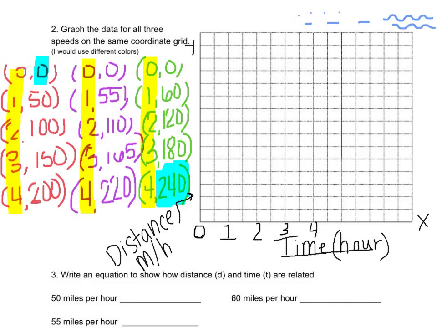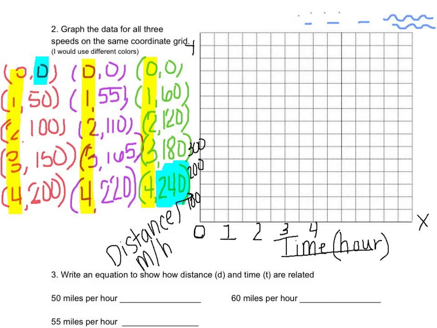So I think that I am going to count by 50. So this first dash would be 50, this one would be 100, that would be 150, that would be 200, 250, 300. So I probably could have even gone a little bit lower, but that's what I went with.